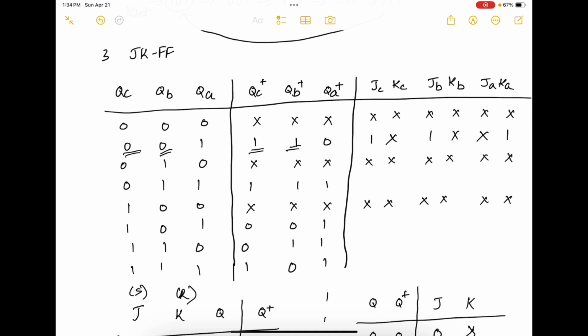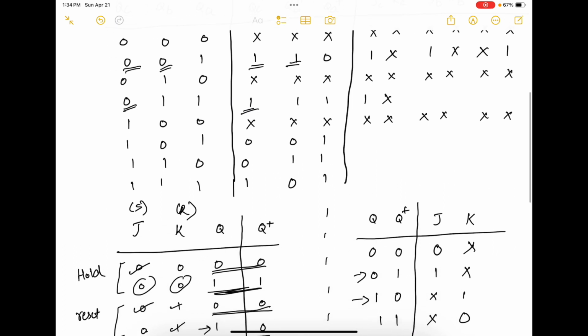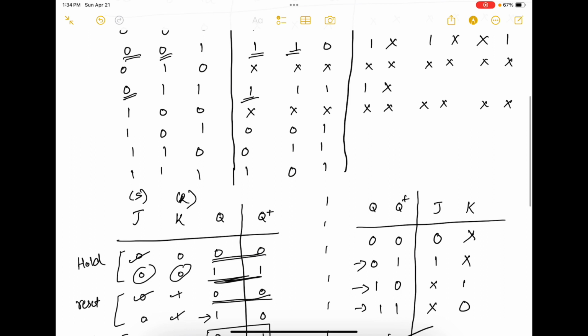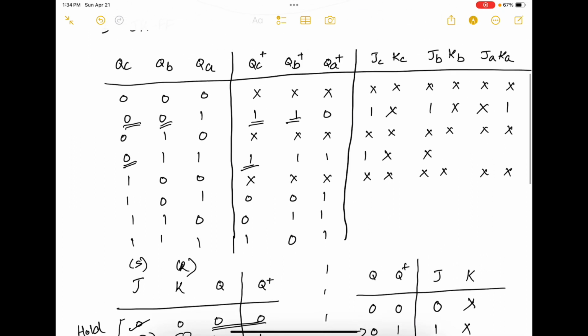Similarly, QC is 0 and QC plus is a 1, so you have 1x. You have QB 1 and QB plus is 1, 1, so you have x0. Again, you have 1, 1, so that's x0. 1, 0 would be x1.